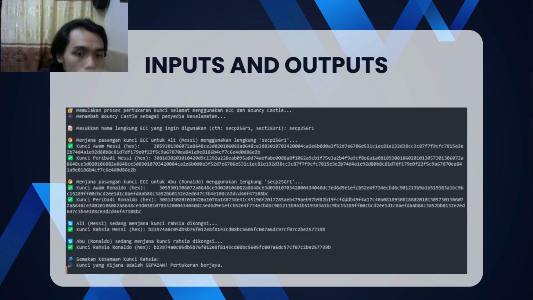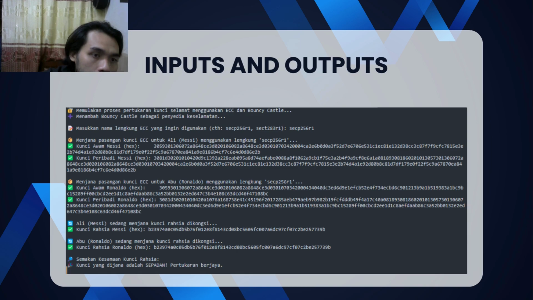So if Ali wants to generate a shared key with someone else, he has to use his private key with his partner's public key, and vice versa for his partner, Abu Ronaldo, who has to combine his private key with Ali's, in this example Messi's, public key instead to generate the shared secret key.